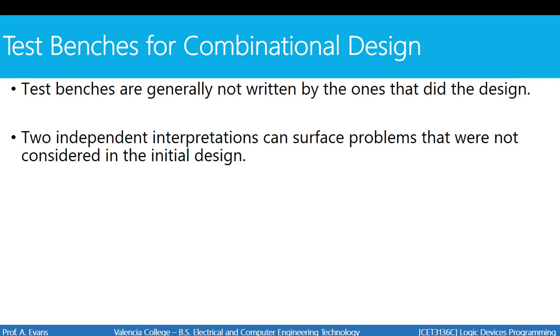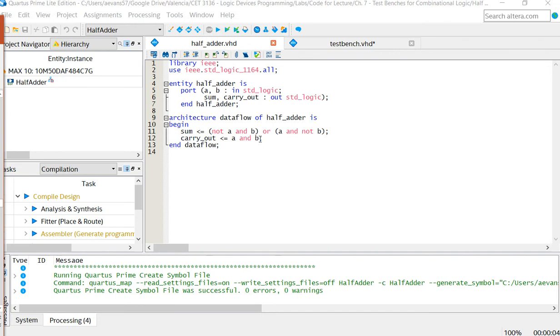And with that, I'm going to hop over to Quartus and show you how to write a test bench for a half adder. So what I have open in Quartus is a previous project. This is the half adder project that was written a few weeks ago in a previous video. And I'm just going to open that exact project, and we're going to add on to it.